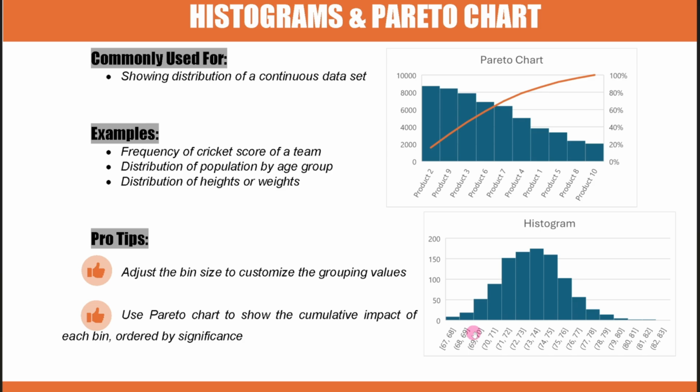For example, if you have a column chart for sales data of an entire year, then there will be one column for each month. For January there will be one column, and for February there will be one column, and so on. But when it comes to a histogram or Pareto chart, a bunch of values or a group of values form each column or chart strip.